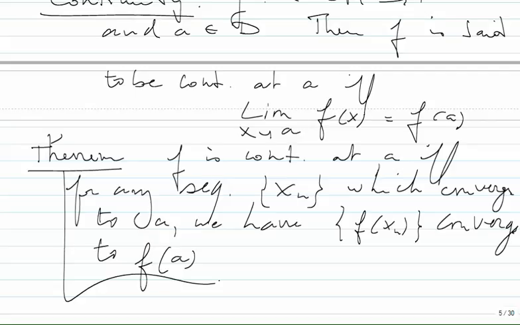So this is the sequential characterization of the continuity of a function. As you can see, if you follow it carefully, we are still stating results that we have learned on the real line, in the metric setting. So nothing has changed so far.